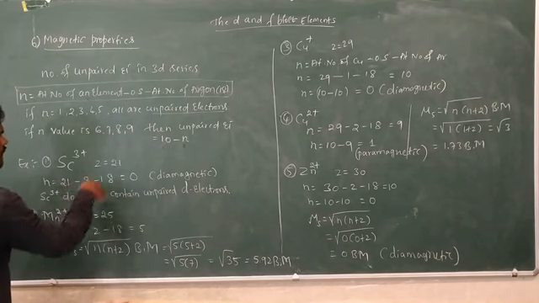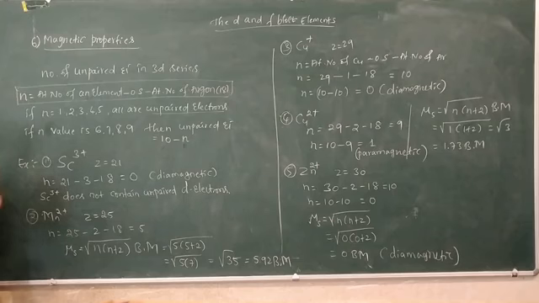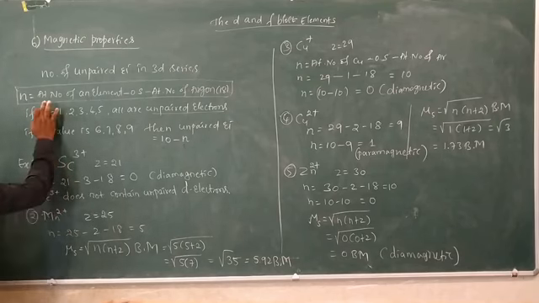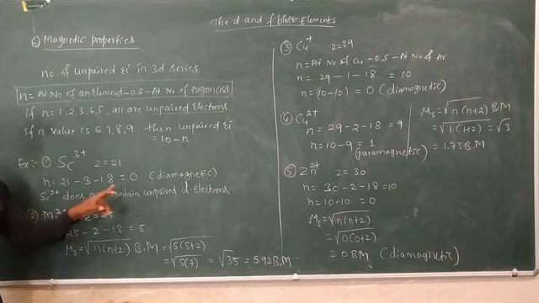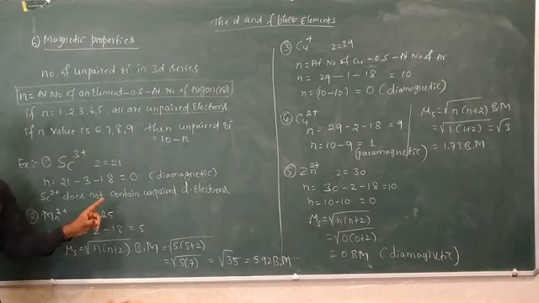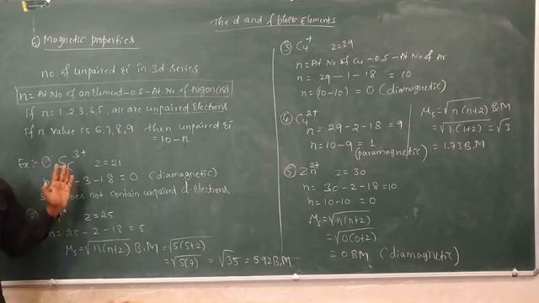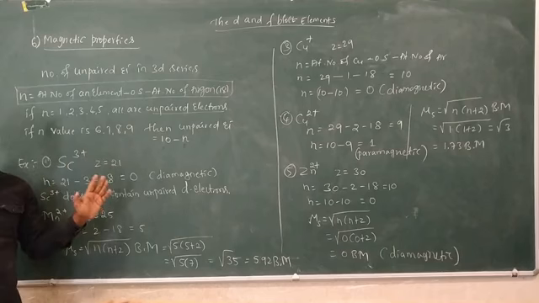Let us see examples. First example is Sc3+, scandium 3+. Atomic number of scandium is 21. Then by the formula: atomic number of the given element scandium 21 minus oxidation state 3 minus nearest noble gas, argon, 18. 21 minus 3 minus 18 is 0. 0 means it is diamagnetic in nature, due to the absence of unpaired electrons.